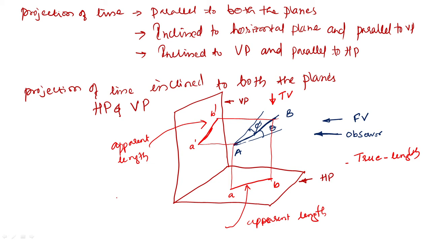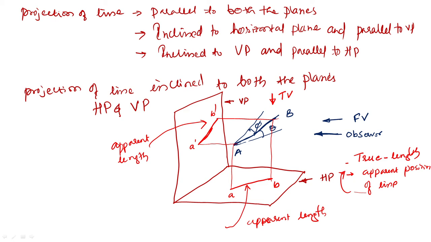You need to draw its front view and top view, then find out the apparent length in front view or in top view. If they have given the apparent position of the line, then you need to find out the true length.